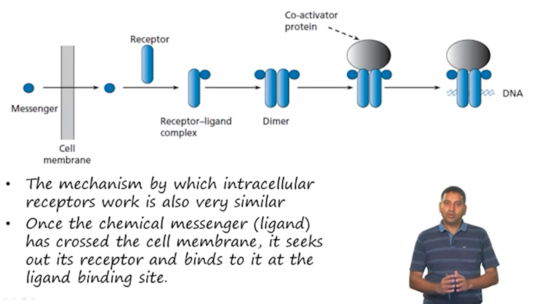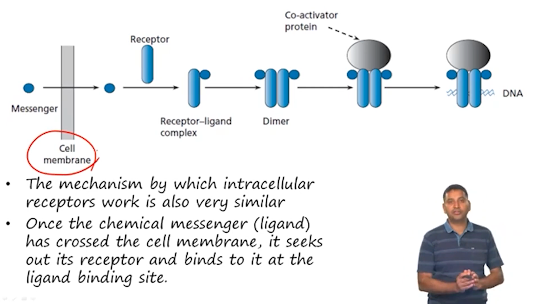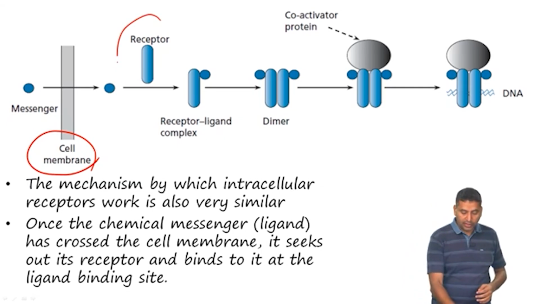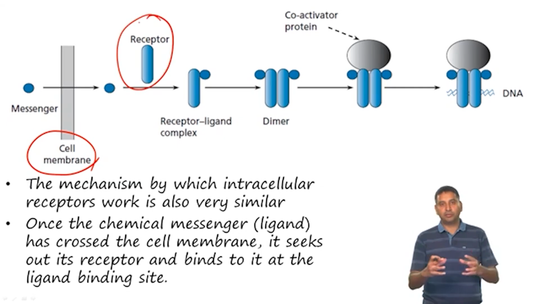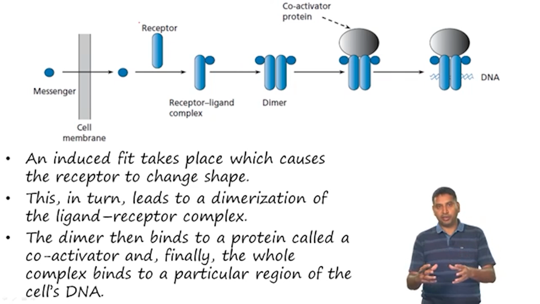Now, the mechanism by which the intracellular receptor works is very similar to the extracellular receptors. The major difference being that the messenger has to cross the cell membrane. So, once it crosses the cell membrane, it can bind to the receptor, and once the receptor ligand complex is formed, this can dimerize. After it dimerizes, of course, an induced fit takes place first, which causes the receptor to change shape, and this in turn leads to dimerization of the ligand receptor complex.